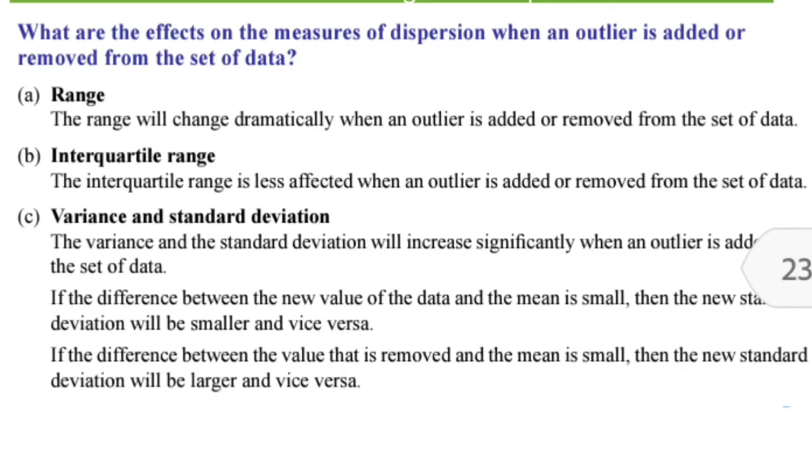If the difference between the new value of the data and the mean is small, then the new standard deviation will be smaller, and vice versa. If the difference between the value that is removed and the mean is small, then the new standard deviation will be larger, and vice versa.